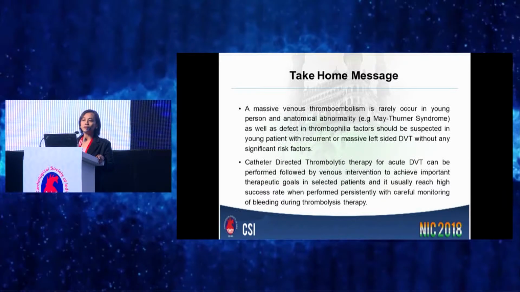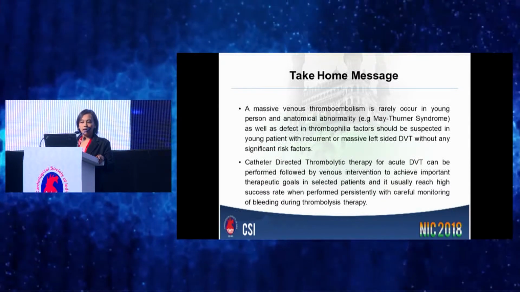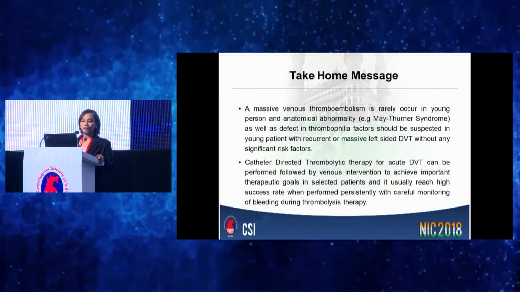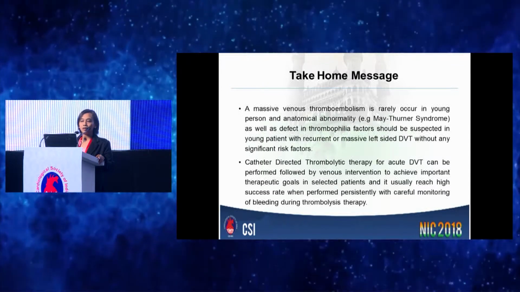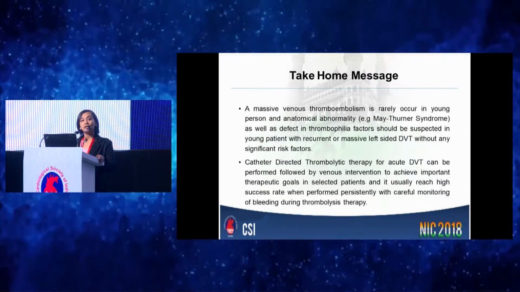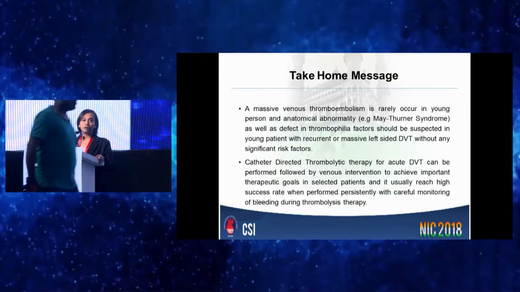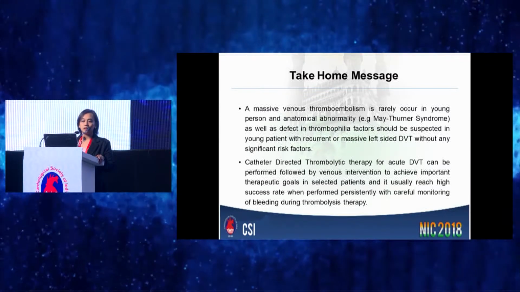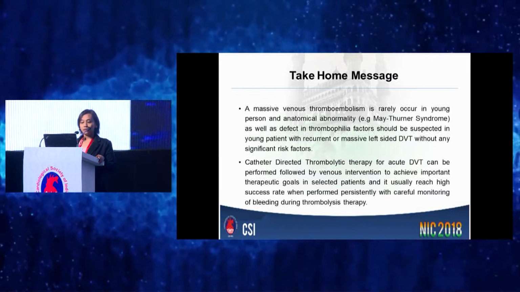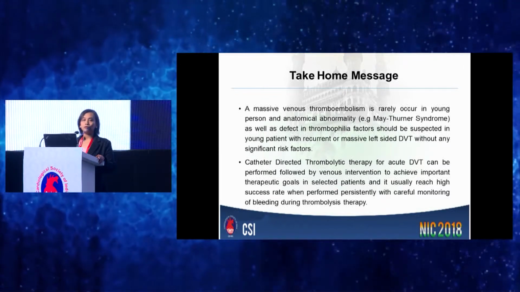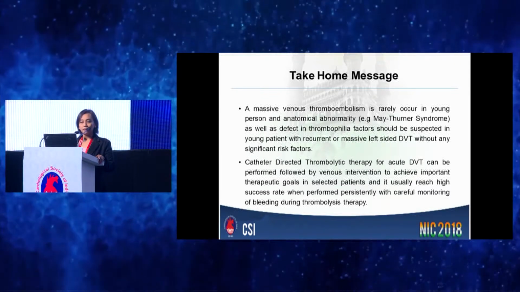The take-home message in this case is that massive VTE or DVT quite rarely occurs in a young person, and we have to think of anatomical abnormality first, as well as defects in thrombophilia factors, as you saw in this case. Catheter-directed thrombolysis therapy for acute DVT may be performed, followed by venous intervention.